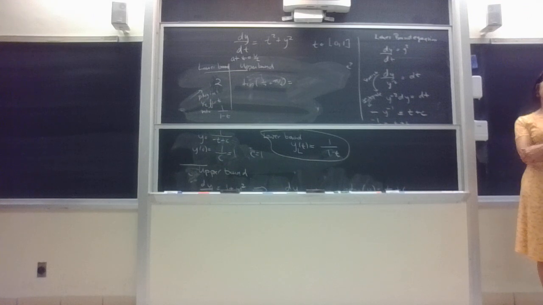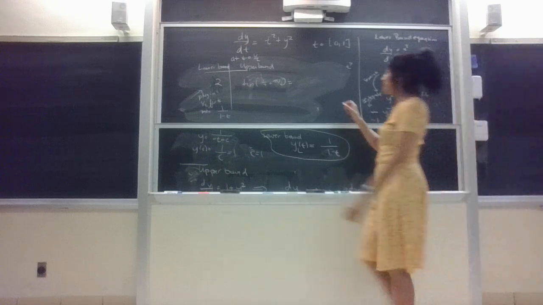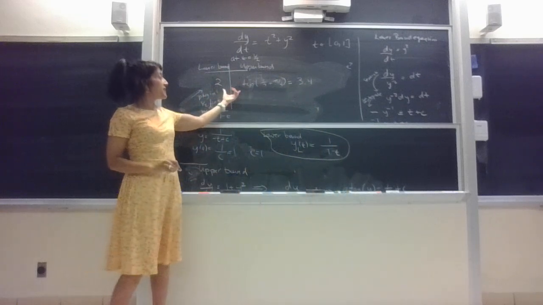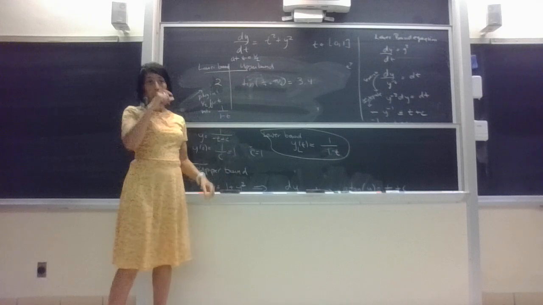We could have pranked the class, Theo. I could have told you what this was numerically, and then you could have just stared at it for a minute. It's 3.4. So that tells me that my solution at 1/2 is going to be between 2 and 3.4.